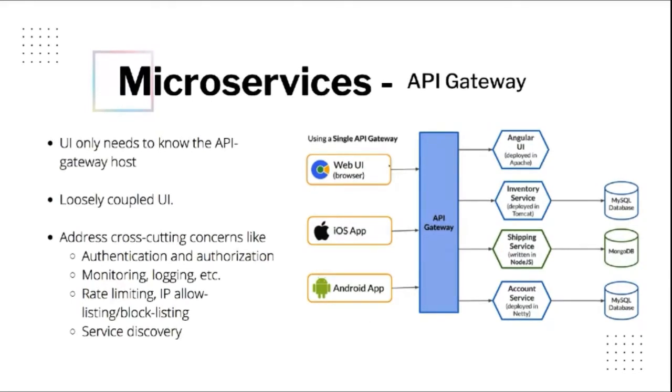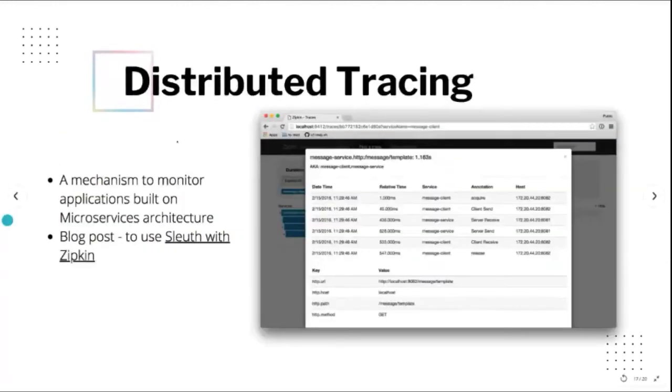Let's say you made a request, but it took 2 minutes to process, which is not acceptable in today's world. You want to trace down what went wrong and where the exact time was spent, whether the API gateway took a lot of time or the payment processing service took a lot of time. For that, you have something called a distributed tracing mechanism.